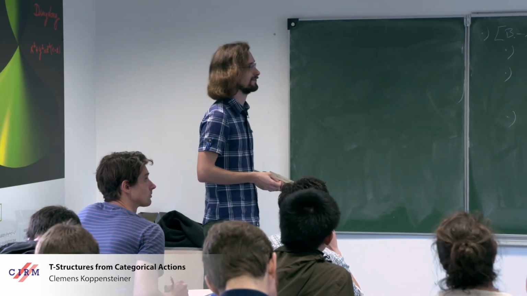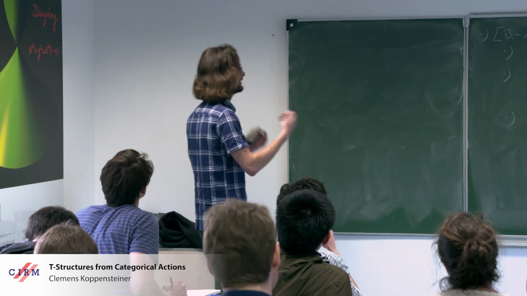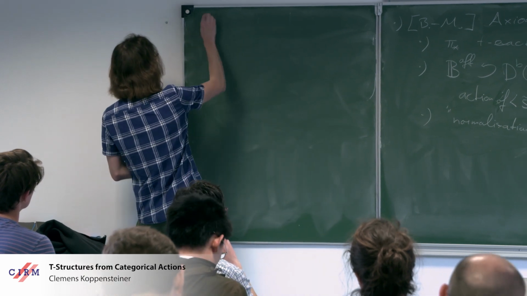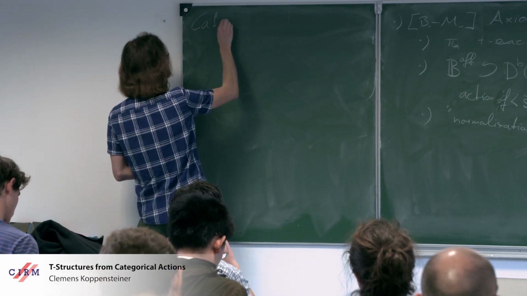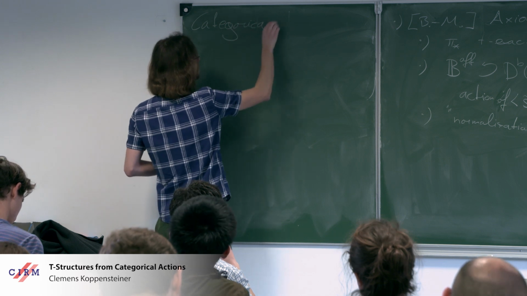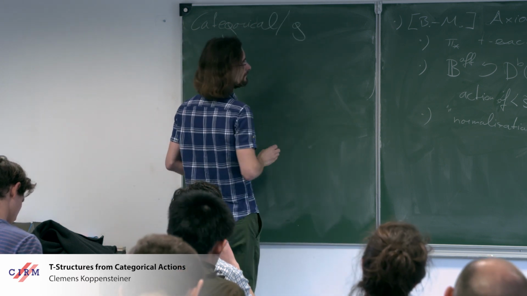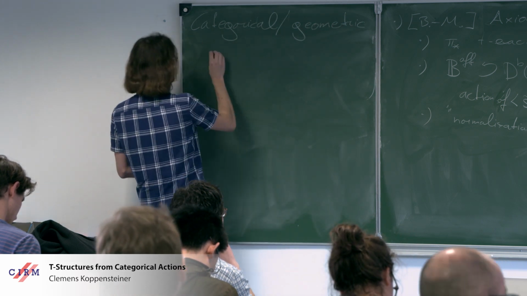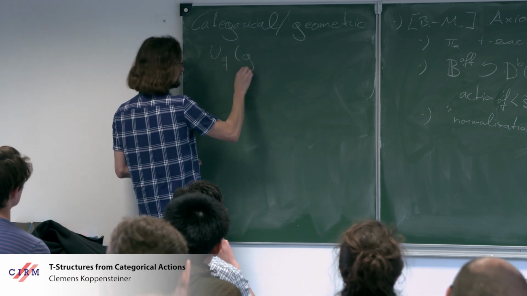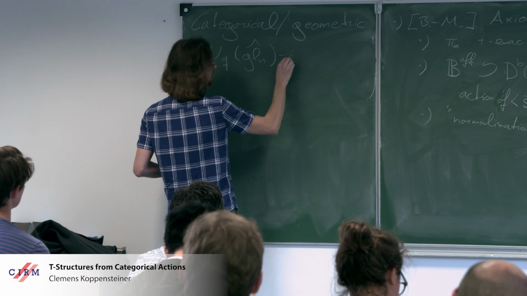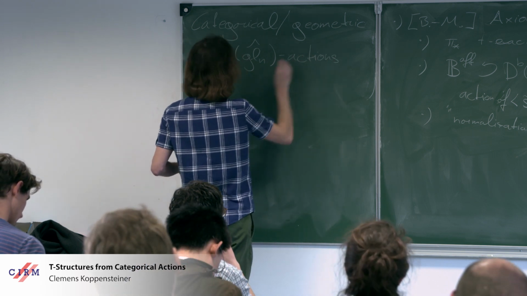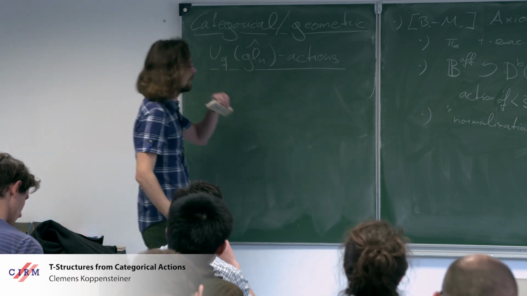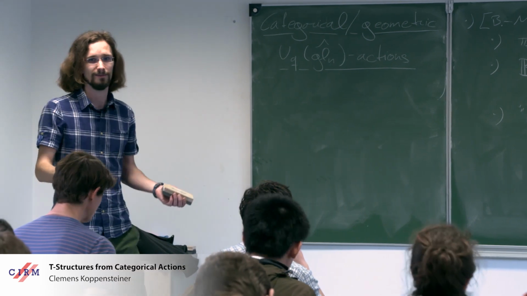So let me, since I'm the first person here to talk about this, give you a quick rundown of what I mean by categorical or geometric action. So part 2 will be categorical, or what we want to do is more geometric, and I'll specialize to quantum affine GLN. These things have been studied by a variety of people.